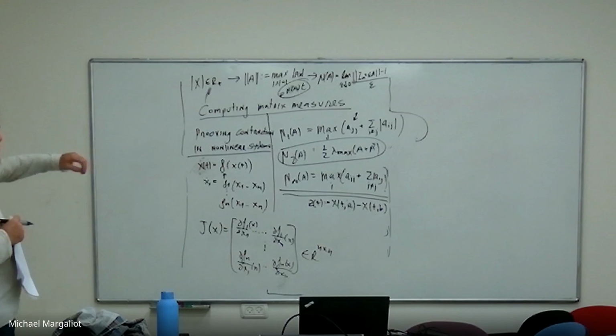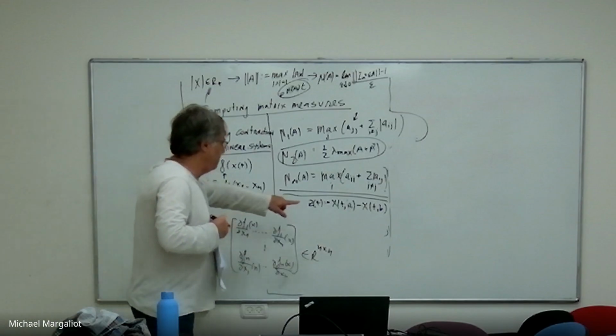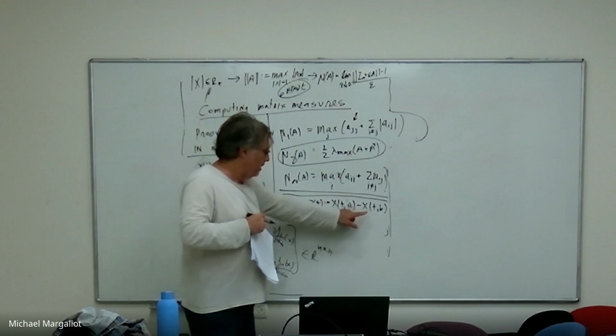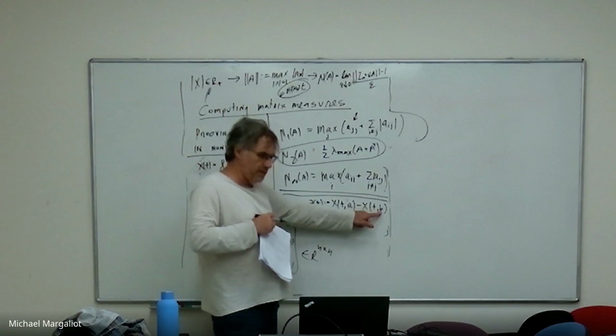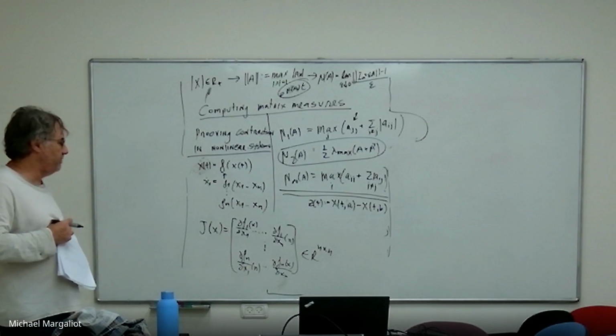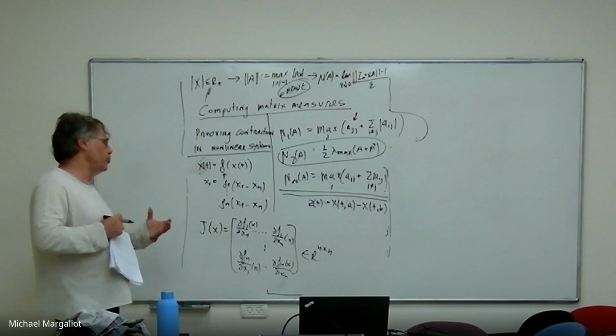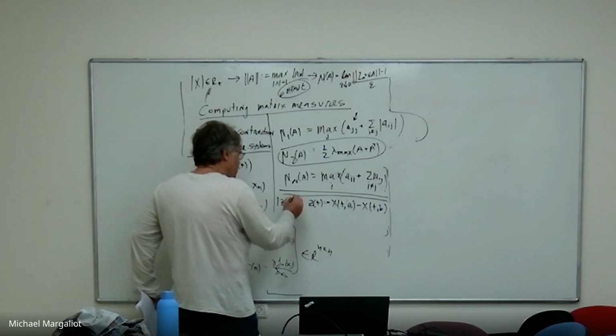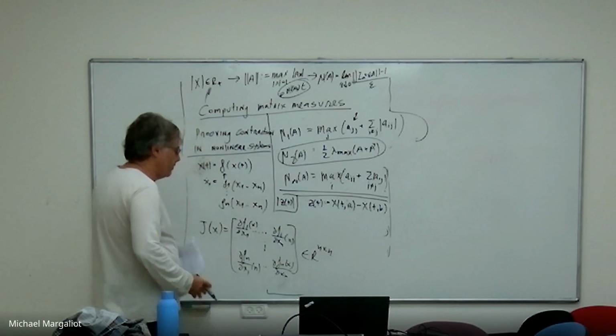I fix two initial conditions A and B. This is the solution at time t when I started at time 0 at A. This is the solution at time t when I started at time 0 at B. I want to look at the difference between these two solutions, and in particular, what I want to bound is some vector norm of Z.